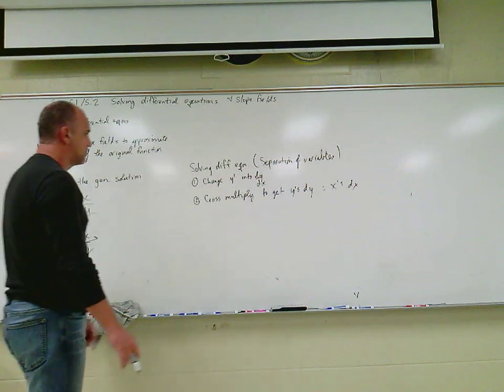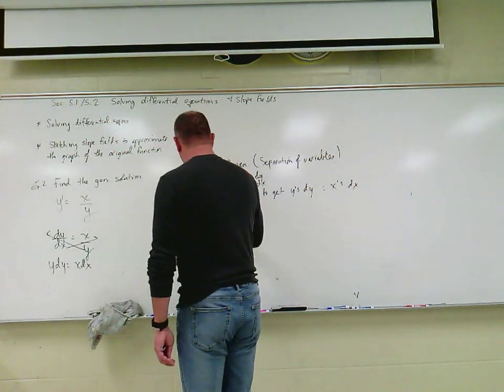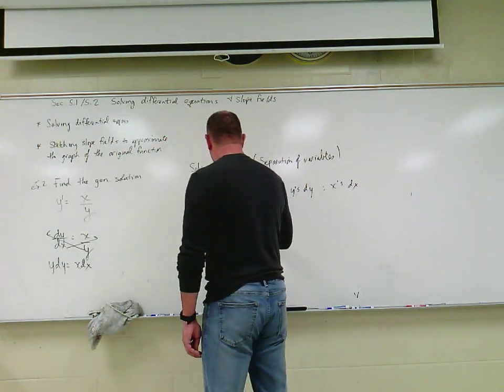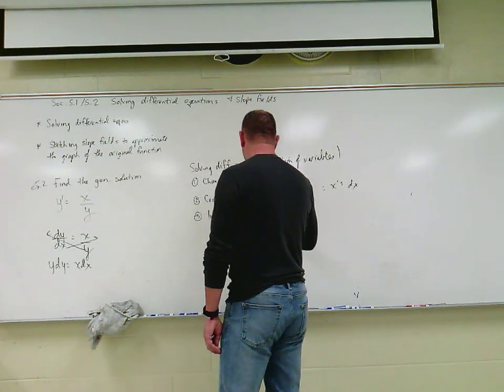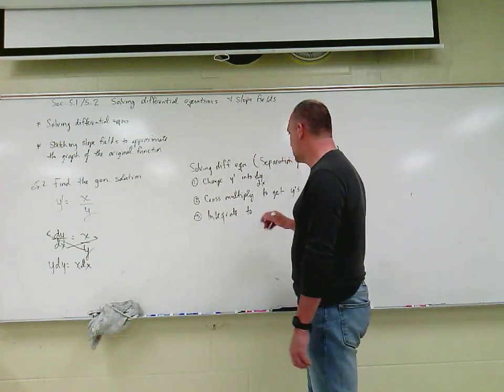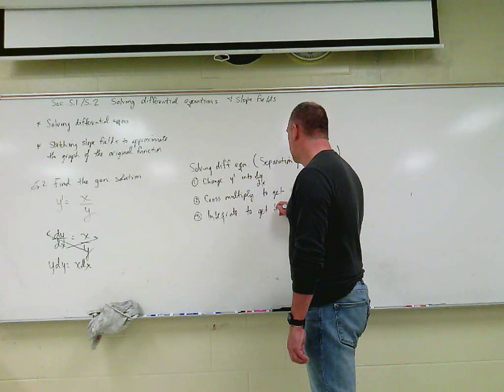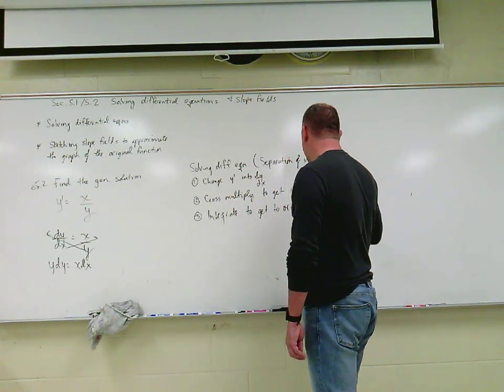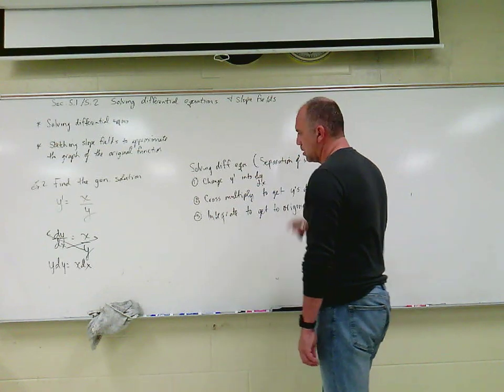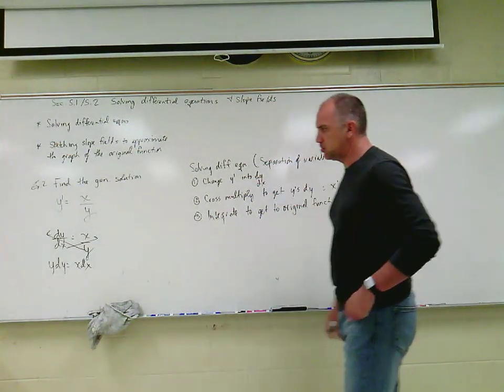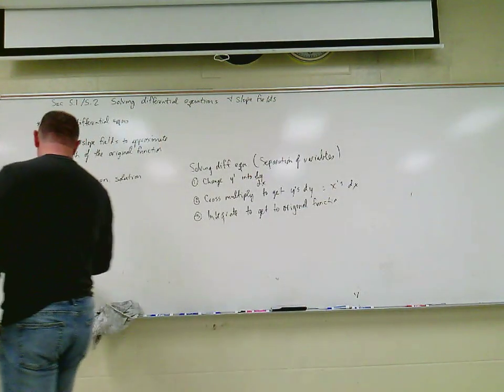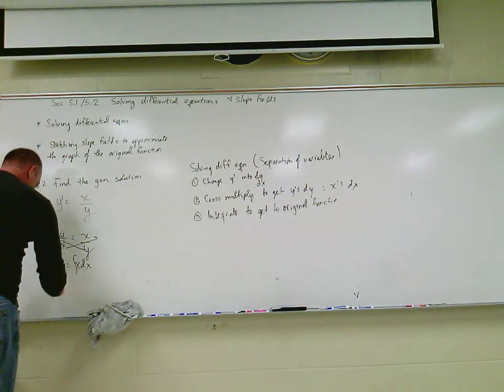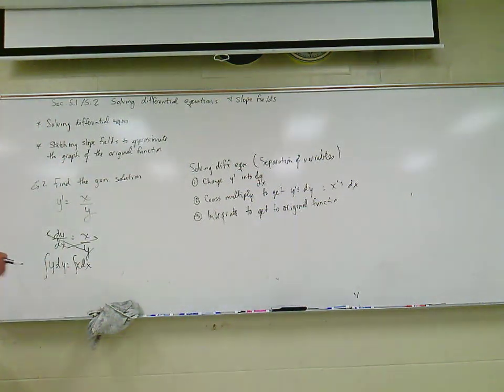Okay? And then I'm going to integrate to get to the original function. All right, so now we're going to integrate this. I have to integrate both the left and the right.